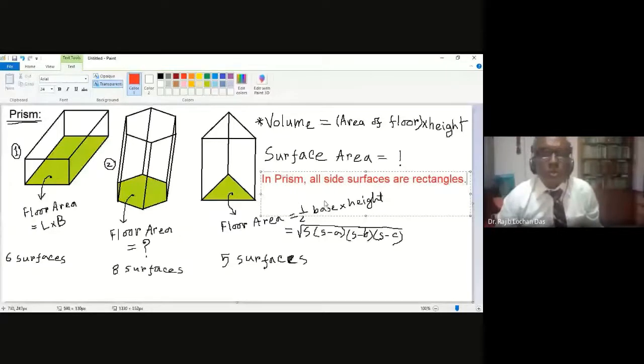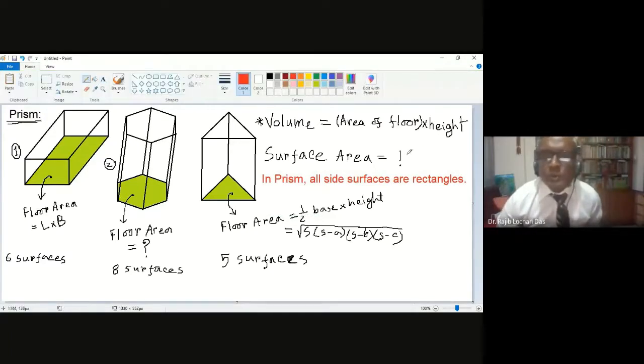Rectangle you already know: how can you find the area of a rectangle? Length into breadth. So there is no problem actually. But there is no fixed formula for surface area. It depends on the shape, how many surfaces there will be and how you will find it out. That is not a big problem.